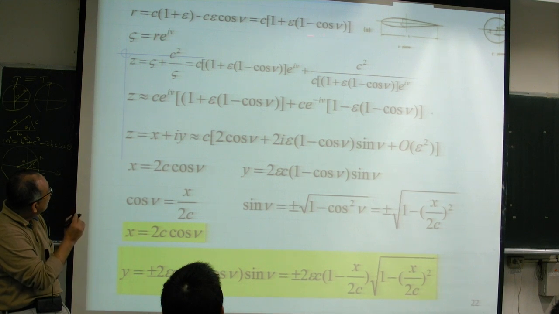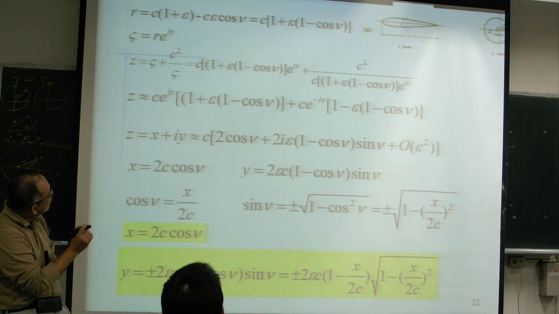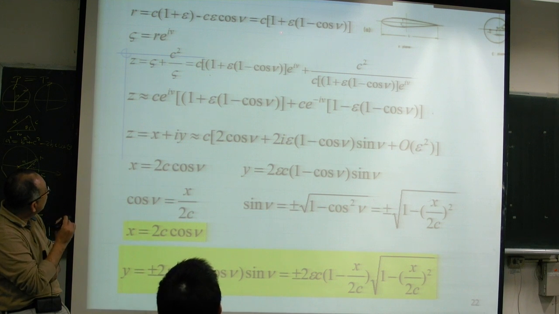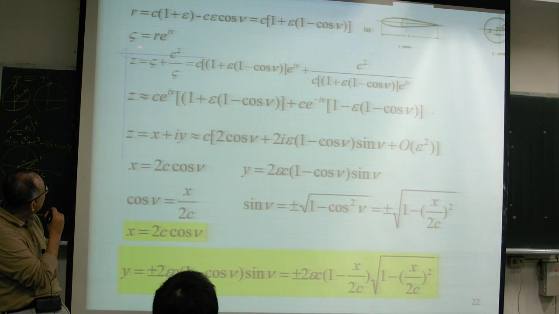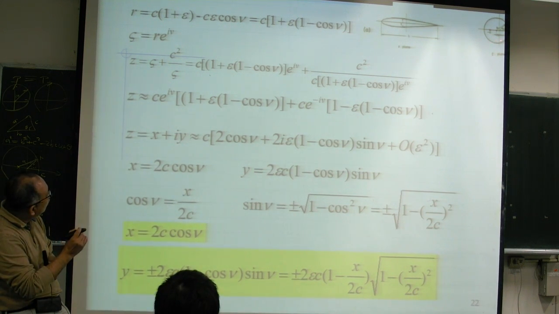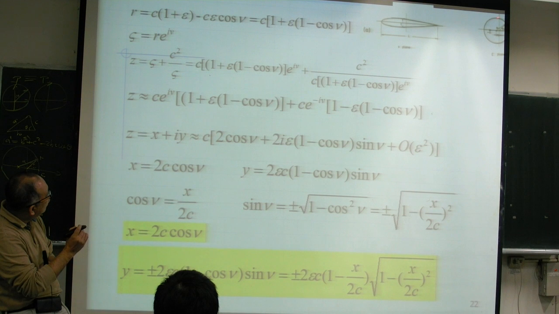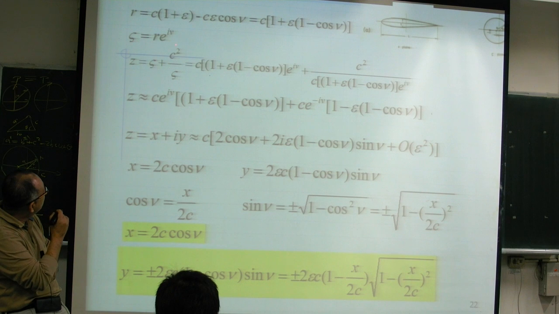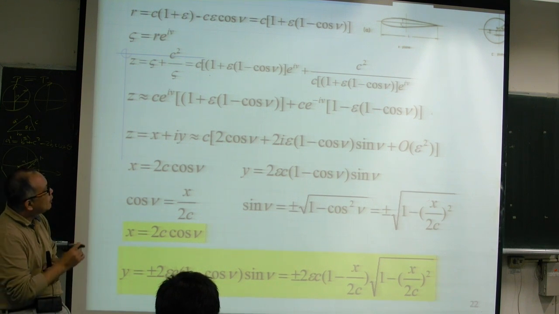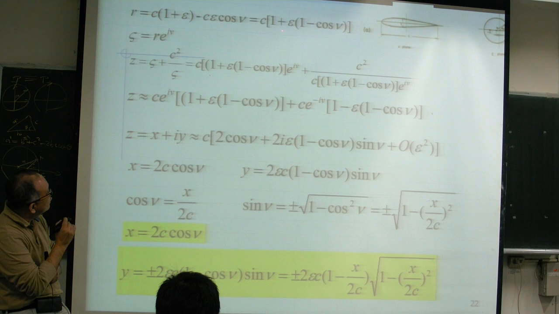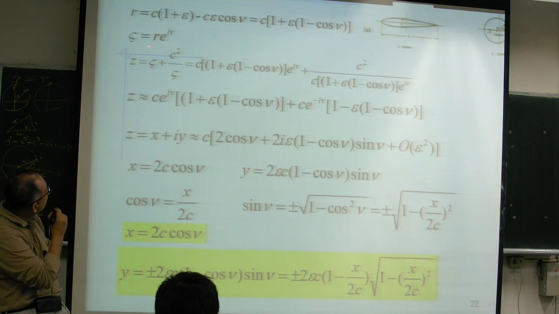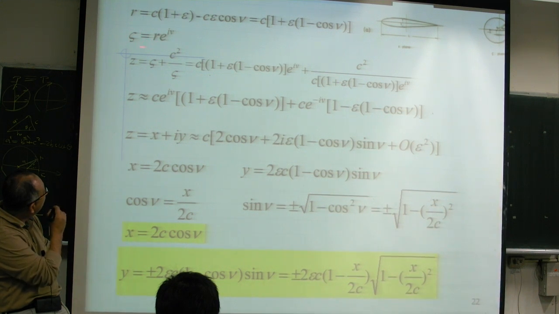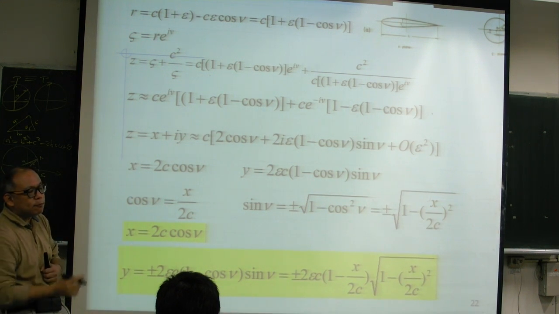Here this r is on the circle, so we apply this r to describe all the points or coordinates on the circle surface, which can be represented as zeta equal to r e to the i mu.